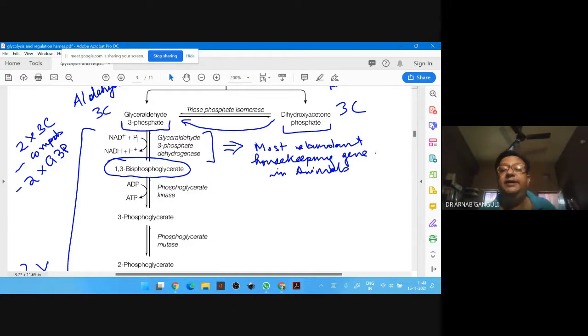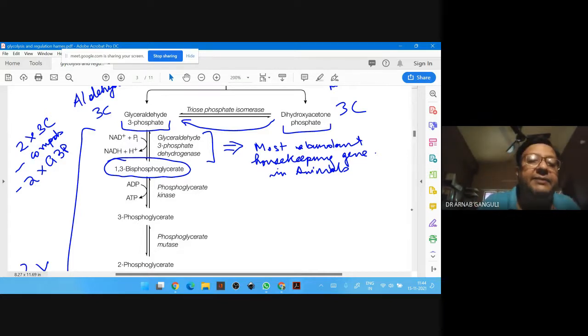It's very abundant. Of course, the most abundant is Rubisco, the photosynthetic protein, but this is in mammals and animals. You can see that there is a lot of this present.